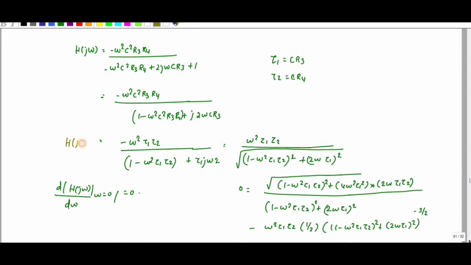If I take the modulus of H of j omega, I will get omega square tau 1 tau 2 divided by root of 1 minus omega square tau 1 tau 2 the whole square plus 2 omega tau 1 the whole square. I am going to differentiate this whole term with respect to omega and equate it to 0.